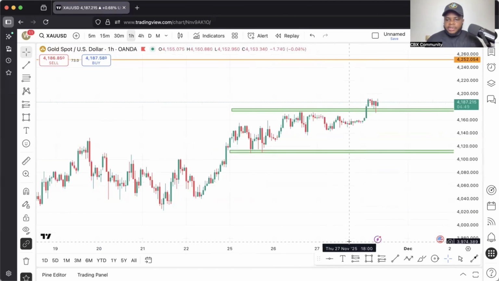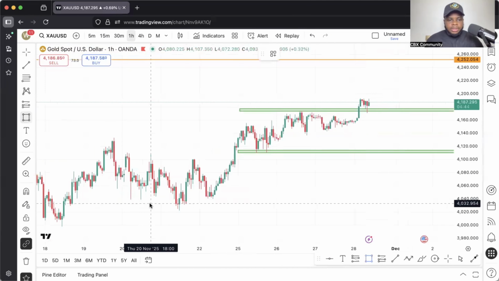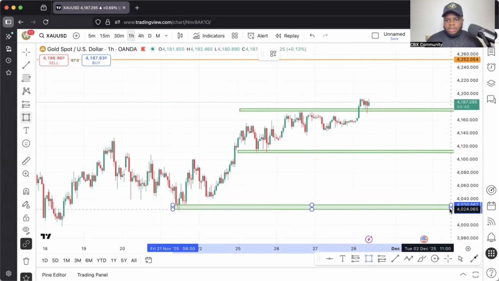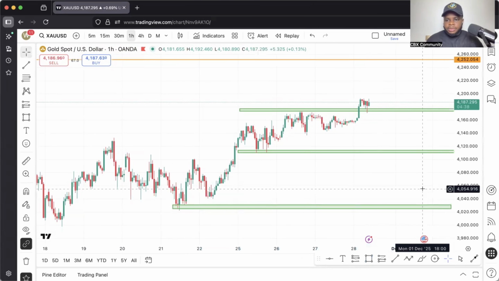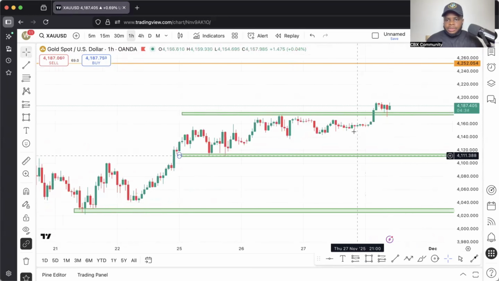So we also have a support zone over here. There's a support zone over here. There's a support zone over here. So the market condition is just consolidating. So the best thing is just for us to wait.